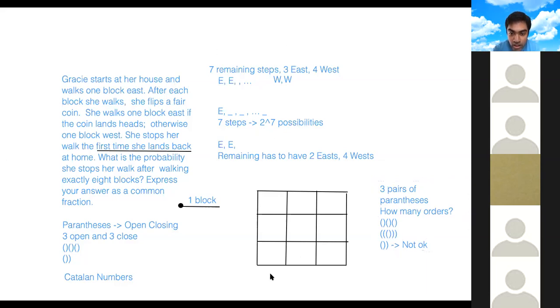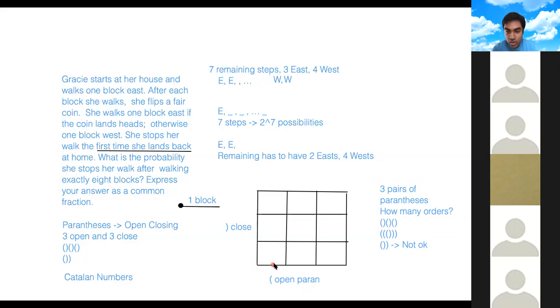So here, the x-axis can be open parentheses and the y-axis can be closed parentheses. I can take each of these sequences, open, close, open, close, open, close, and translate it to a path along this grid.